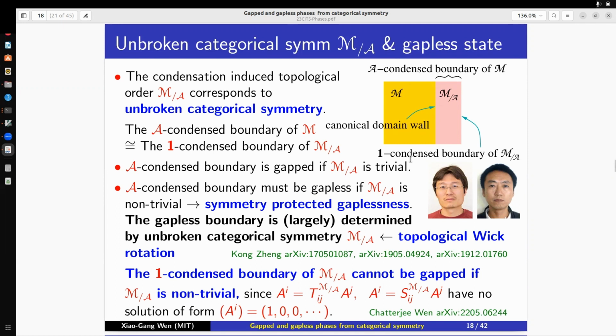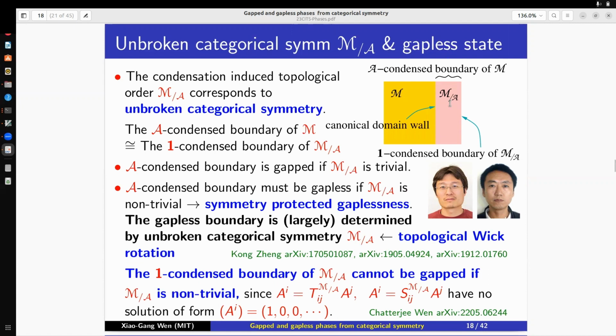So from here, maybe we'll start next week: the no-condensation boundary of a non-trivial topological order is always gapless.